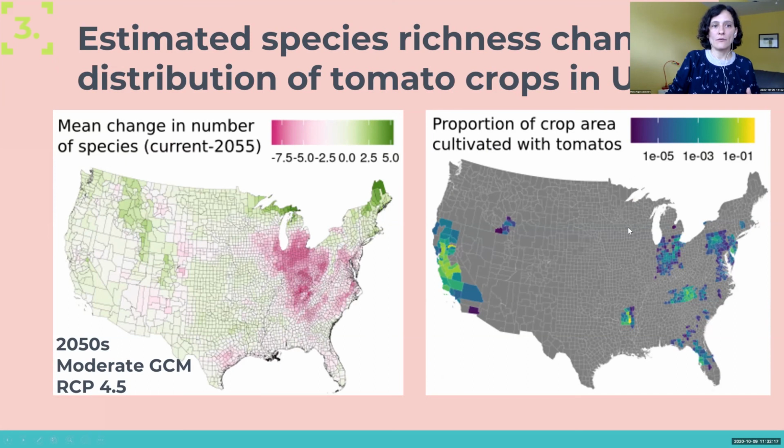So the right-hand map shows areas that are important for tomato production, and the left side shows what counties will have an average loss or gain in species. Green shows gain in species of pollinators, and red, pinkish, shows loss in number of pollinators. So just visually, we see that there's some concerning overlap between the 2.